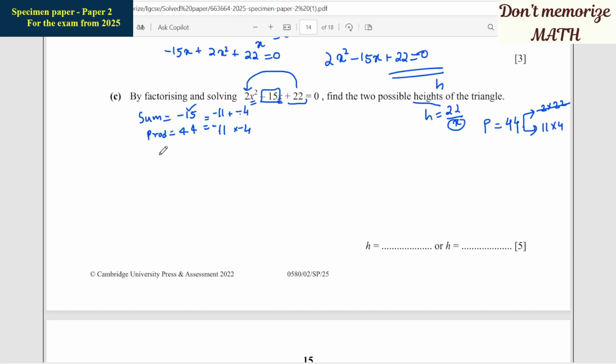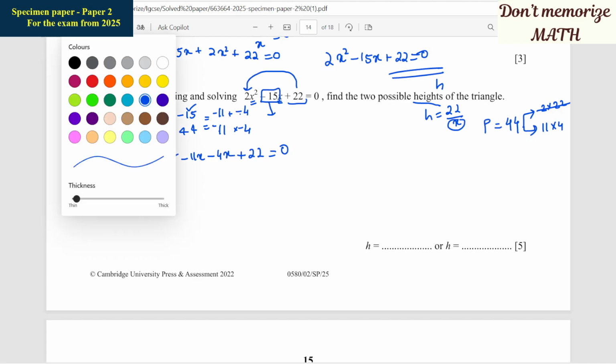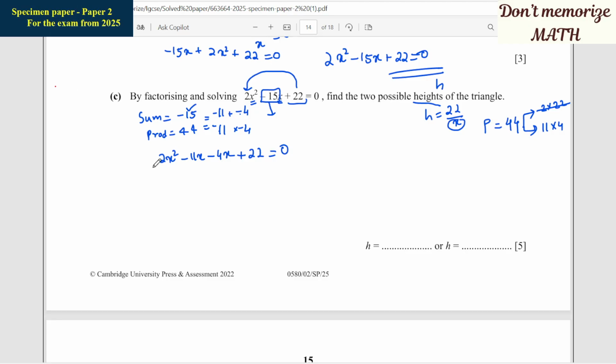The first term is 2x square and the last term is 22 equal to 0. So this minus 15x will split like minus 11x minus 4x. Now what we have to do is split like this, first two terms and last two terms. So what is common here?